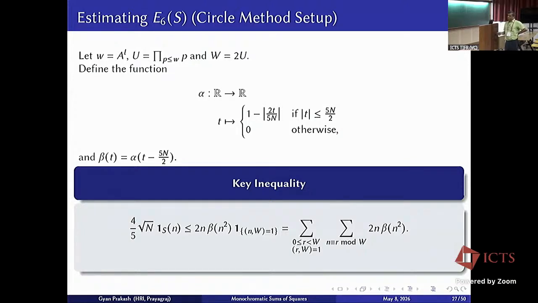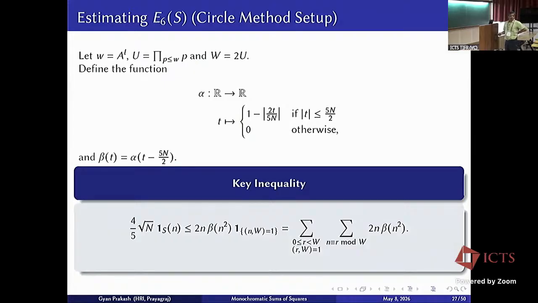Okay, so for now the inequality which will play a role is this inequality, that 4 by 5 times square root n into the indicator function of Sn is less than or equal to 2n beta n square indicator function of n and w is equal to 1, which I can rewrite as a summation over 0 less than or equal to r less than w, r and w co-prime, and n congruent to r mod w, of 2n beta n square.